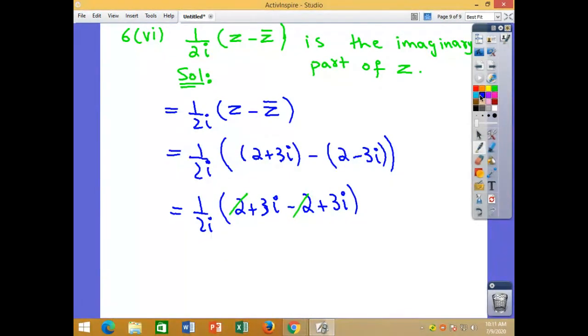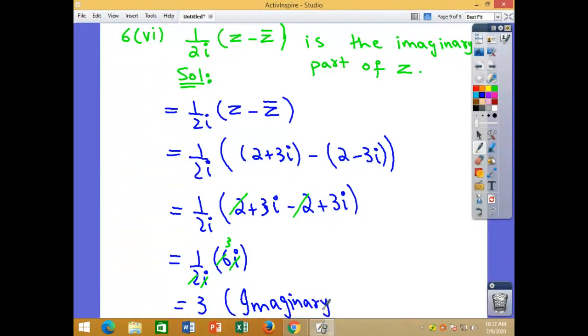We get 1 by 2 iota, 3 iota and 3 iota becomes 6 iota. When iota is cancelled with iota, 2 is cancelled with 6, we get 3, which is the imaginary part of complex number z.